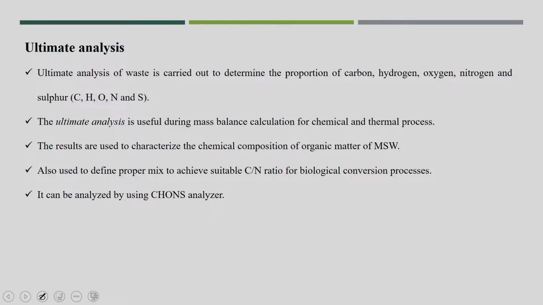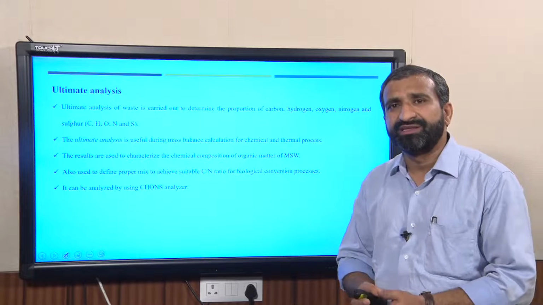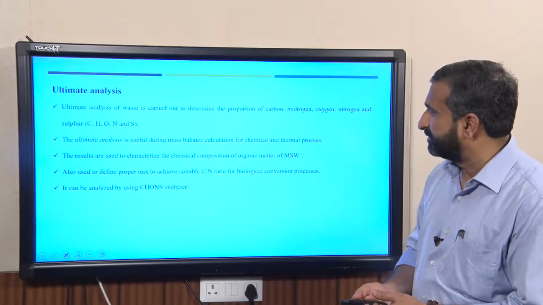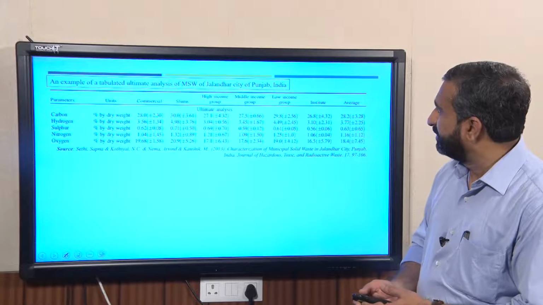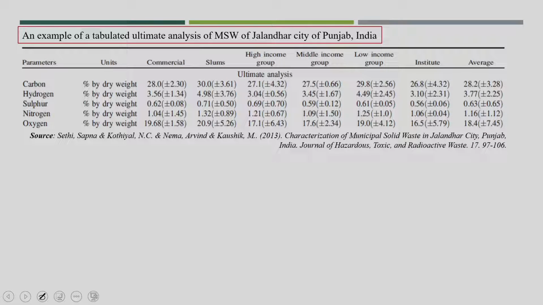And it is analyzed by a CHONS analyzer. There is one particular instrument where we can analyze these 5 different components. For example, again we have some data for carbon, hydrogen and sulfur. Here the hydrogen concentration is 3%, 3%, 4%, and the carbon concentration is 27 to 29%.